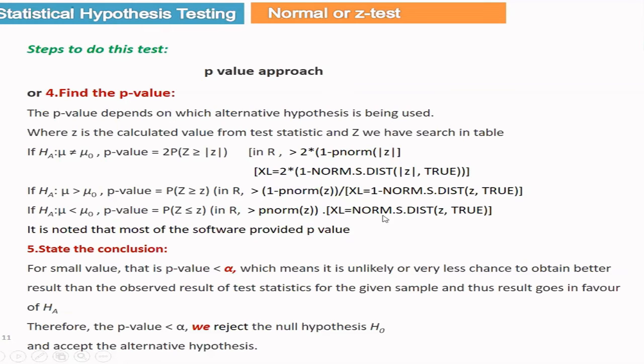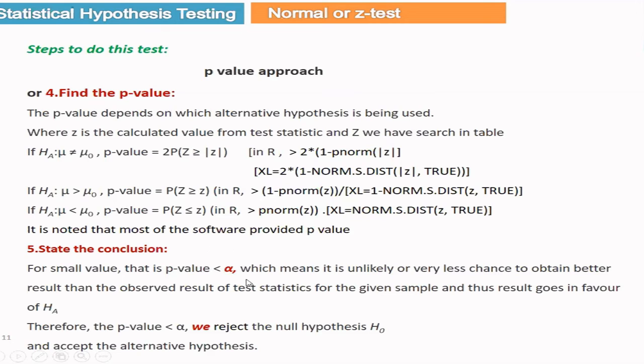Interesting is that if you use a statistical package like SPSS or R to fit some model, you don't need to calculate the p-value, it will come automatically. So the p-value is more convenient. You can get it directly from the output.